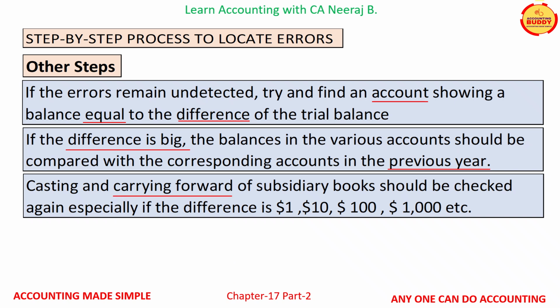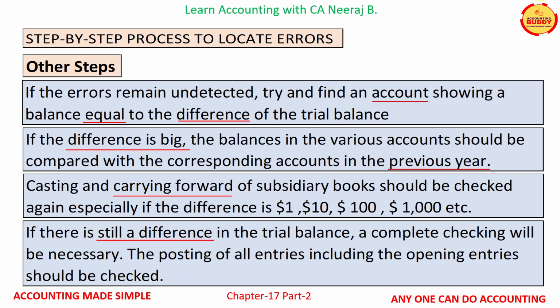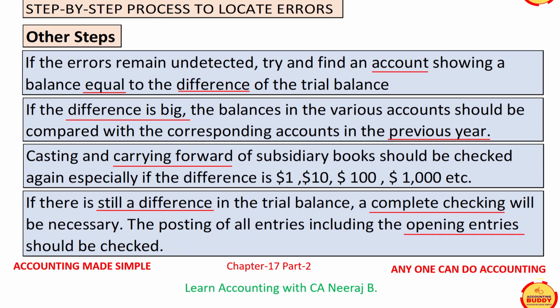Casting and carrying forward of subsidiary books should be checked again, especially if the difference is of $1, $10, $100, $1000, etc. If there is still a difference in the trial balance, a complete checking will be necessary. The posting of all the entries, including the opening entries, should be checked.